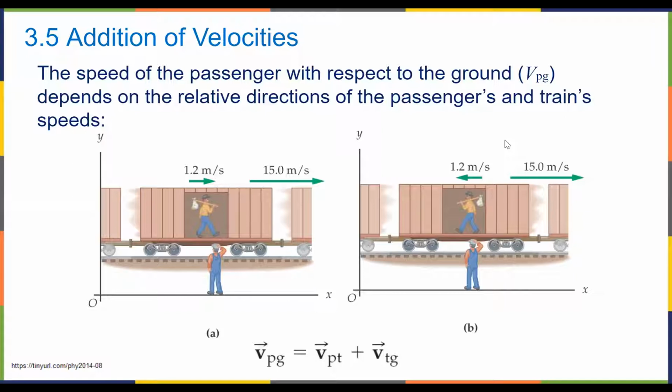So you can see from this expression that the velocity of the person with respect to the train plus the velocity of the train with respect to the ground gives you the velocity of the person with respect to the ground, okay? It works this way: if the second subscript of the first vector matches the first subscript of the second vector, then that subscript goes away, and you end up with just V PG, okay?